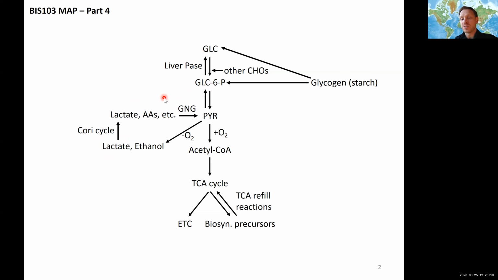And then we had discussed specifically that the liver has this one enzyme here, this phosphatase, that allows us to convert glucose 6-phosphate into free glucose. Gluconeogenesis typically will end in glucose 6-phosphate for all the other purposes that you want to use this for. But the liver's job was to release free glucose to the bloodstream, so the liver has a specific phosphatase to actually dephosphorylate glucose 6-phosphate. So that's only happening there.